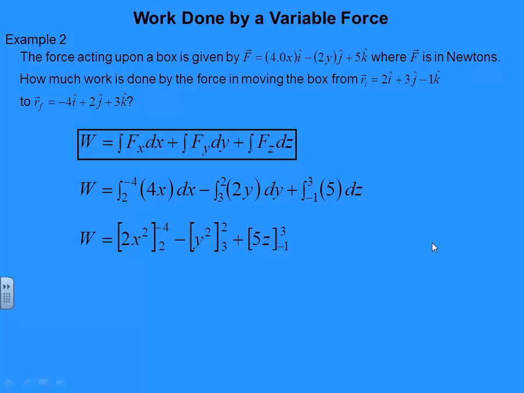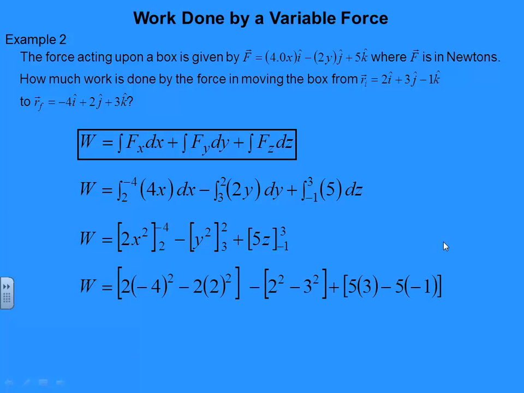And now we just have to evaluate upper limit minus the lower limit. So here's 2x squared evaluated at negative 4 minus 2x squared evaluated at 2, and so on. Work through all of these, and you get 24 minus a negative 5 plus 20, which is a grand total of a positive 49 joules.